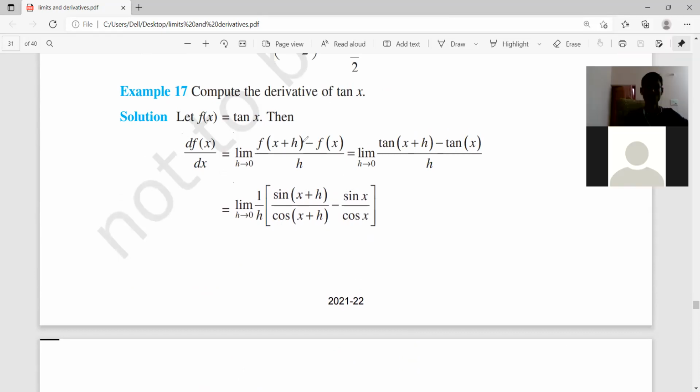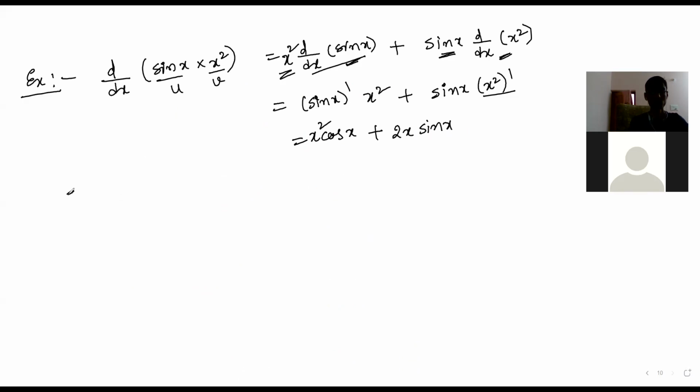Yes. And next example, one more. Sin x by x. This is u, this is v. What will we do is we keep x aside because we have to differentiate sin x first. Here this is important.